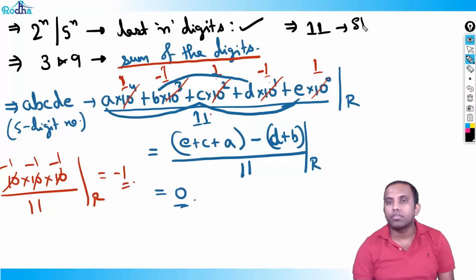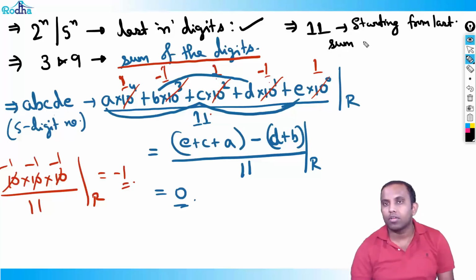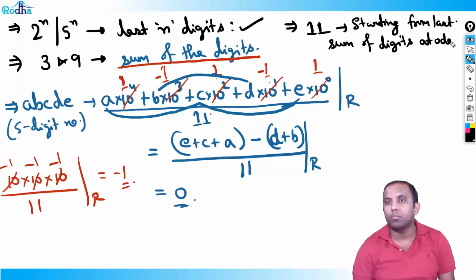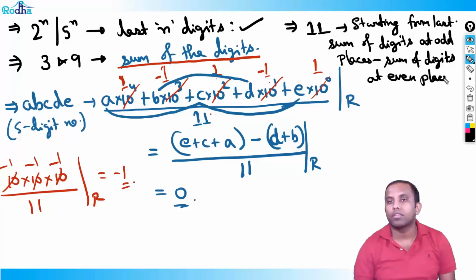Starting from last, sum of digits at odd places minus sum of digits at even places.